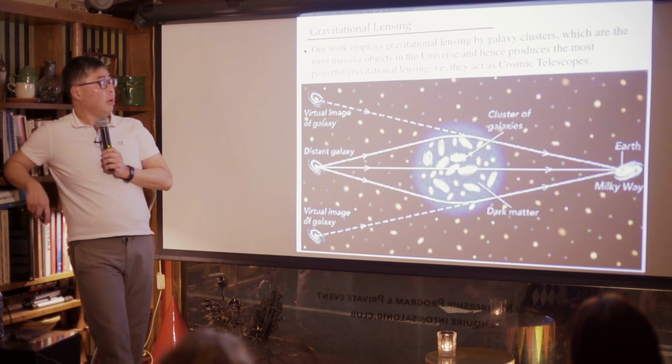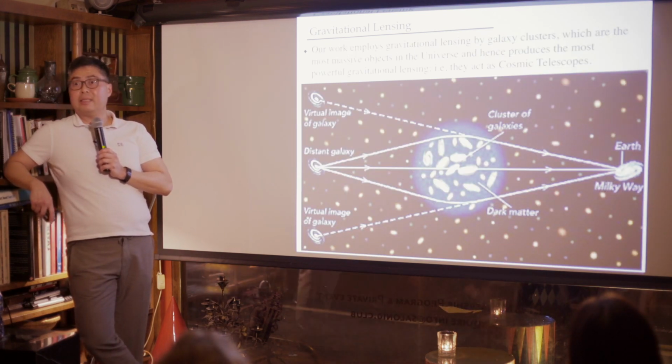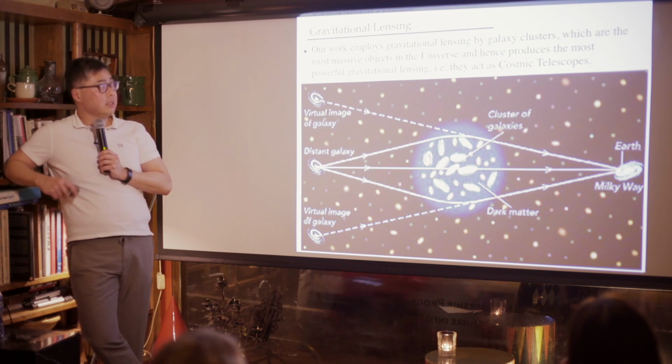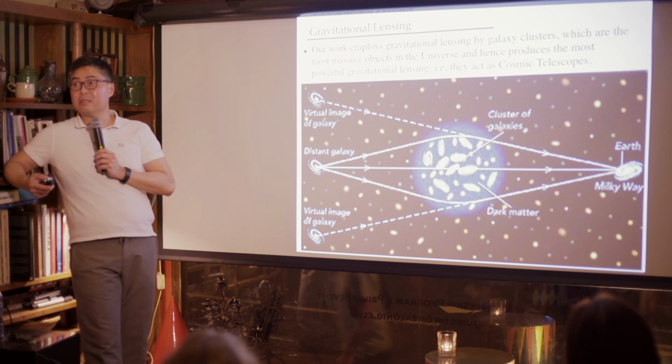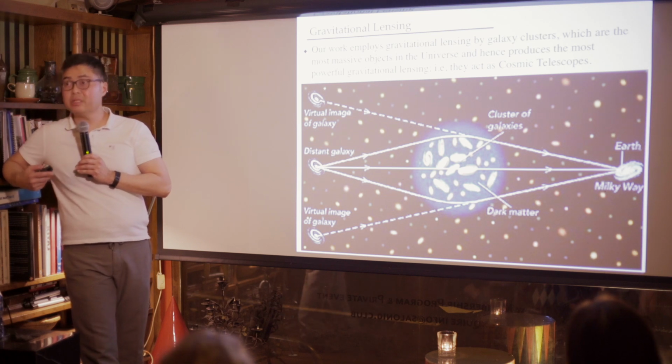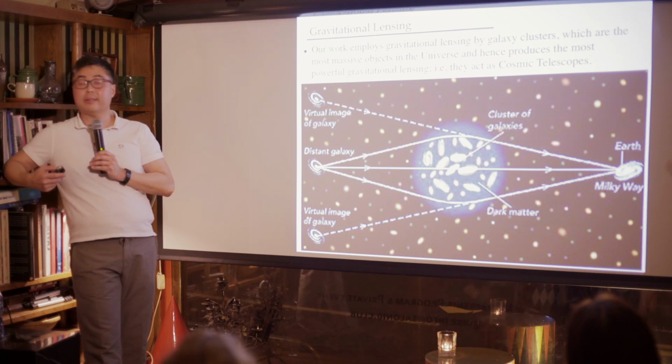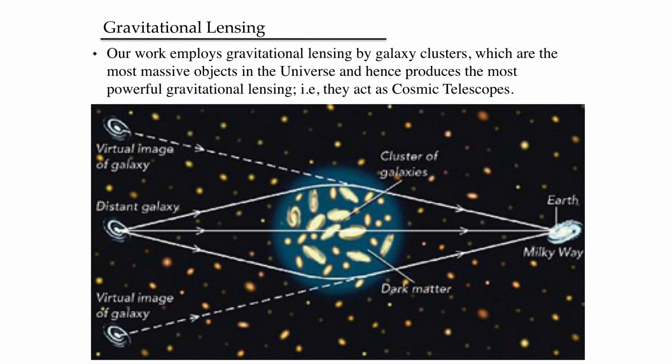Now, in our work, we don't just use an individual lensing galaxy, we use a cluster of galaxies. A cluster contains many galaxies, up to about 1,000 galaxies. They all move through space together because they're bound together by gravity. Galaxy clusters are the most massive objects in the universe, so they produce the most bending of light.